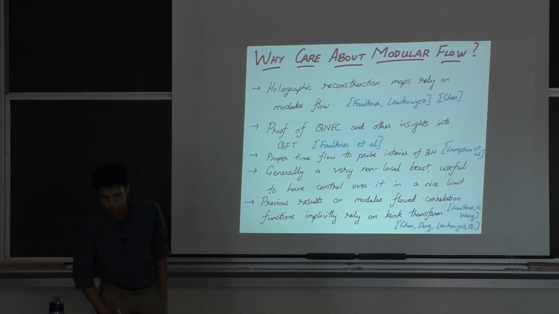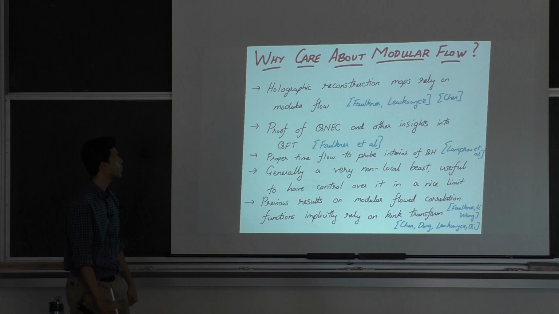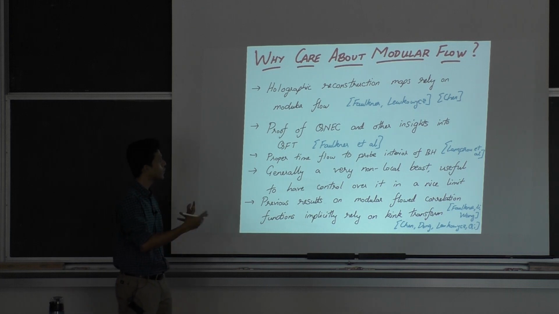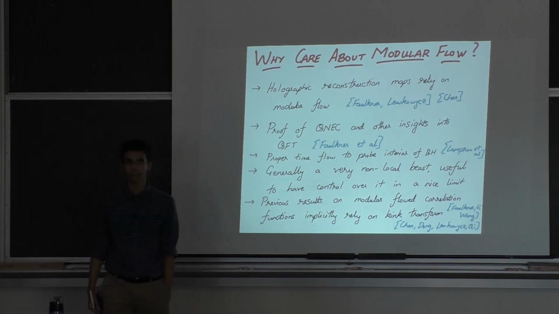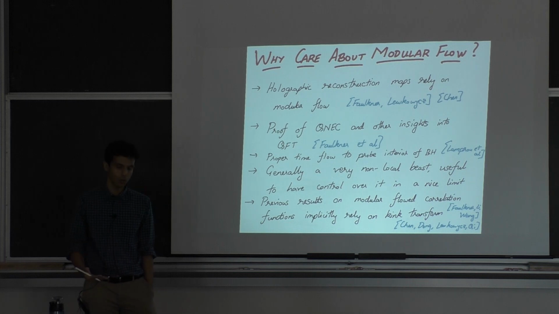Okay. Good. So why care about modular flow? Well, it's been useful in a bunch of things in holography. Reconstruction maps, for example, rely on the equivalence between bulk and boundary modular flow. The proof of the quantum null energy condition and other insights into quantum field theory have come from trying to understand modular flow and things like Tomita-Takesaki theory.